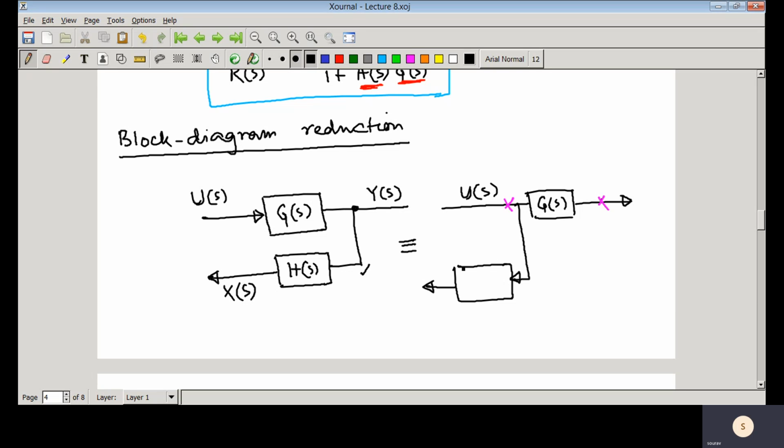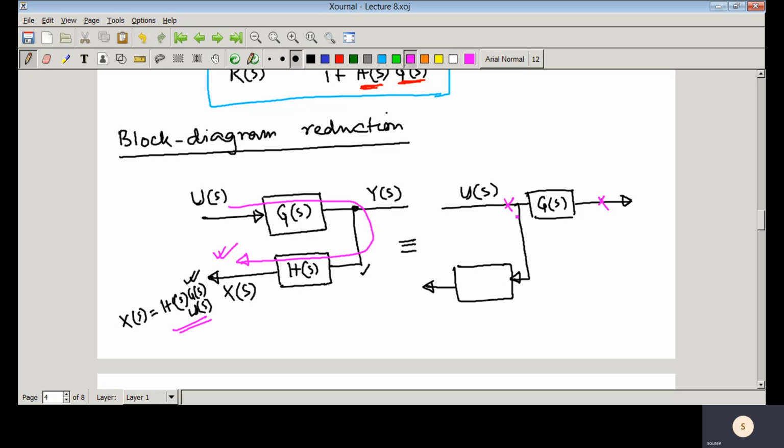If you change the branching point, here you can see the signal coming to this particular point is, say, X(s) equal to H(s) G(s) into U(s).